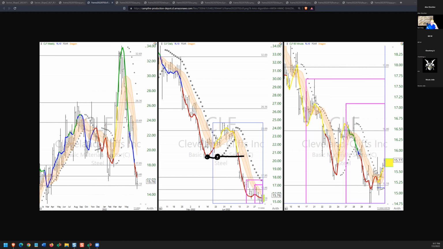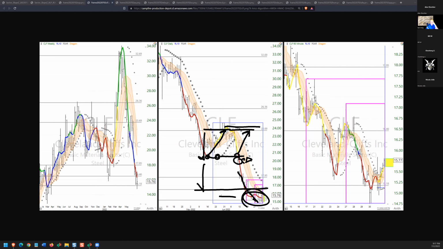So this is where this was supposed to resume and get back to the top of the dragon, or the top of the RL10, if this channel were to hold. It didn't. So you get the collapsing dragon, and now all of a sudden down she goes.